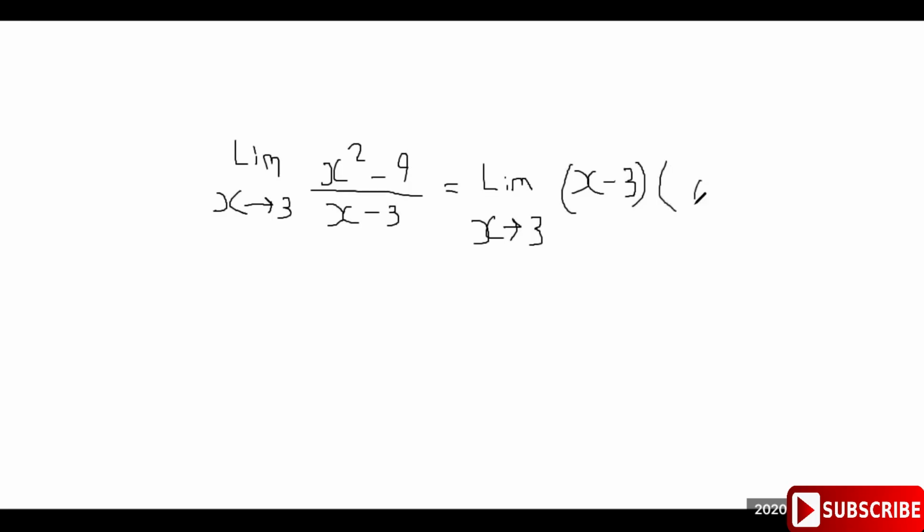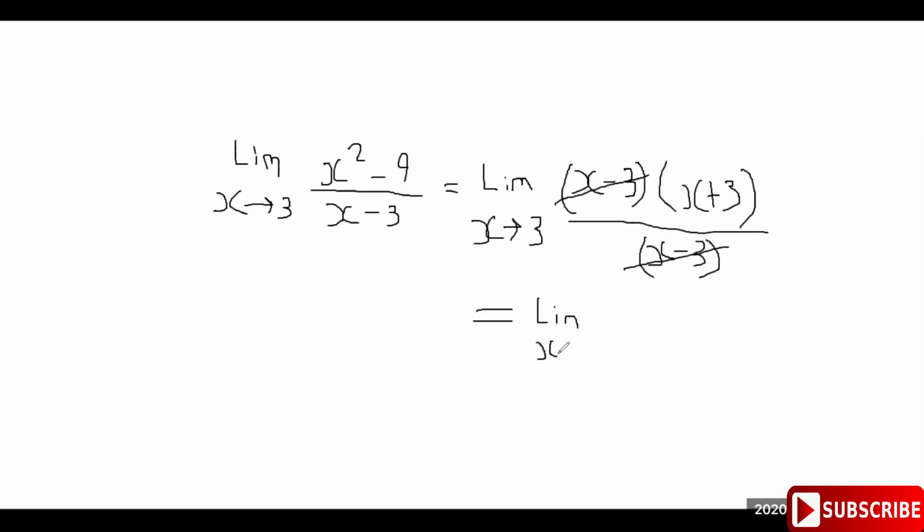So we have x minus 3 times x plus 3, and it is being divided by x minus 3. And so this x minus 3 cancels x minus 3. And so we have now the limit as x goes to 3 of x plus 3.